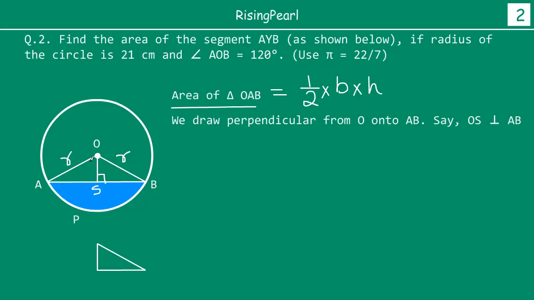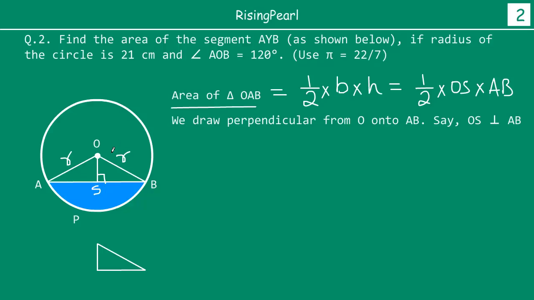So for us it will be half times OS, which is the height, times the base, which is AB. Now we don't know OS and we don't know AB. So how are we going to be able to find this area of a triangle?